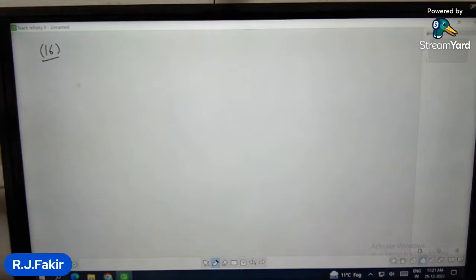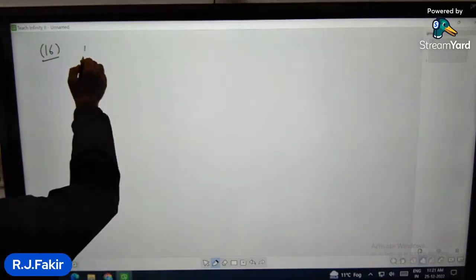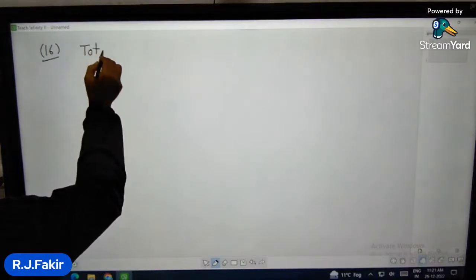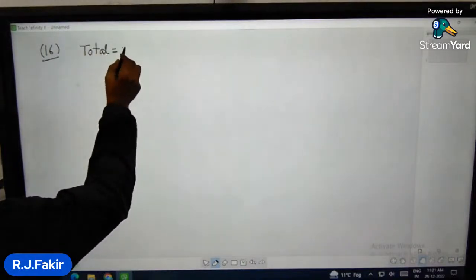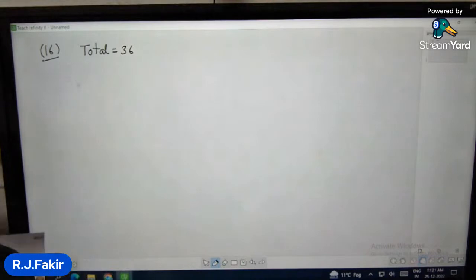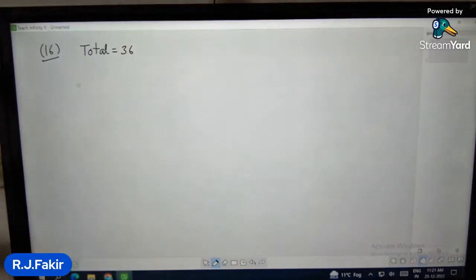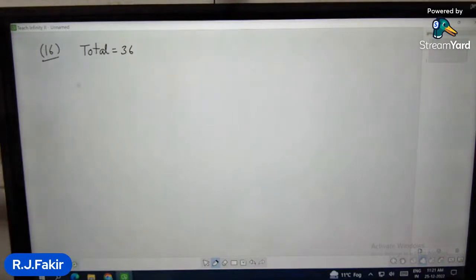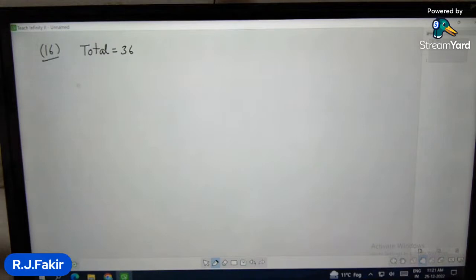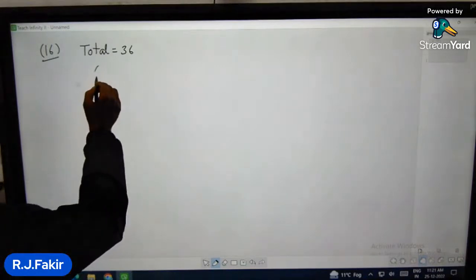Now, there we can find the total possibilities are 36 outcomes. Out of those combinations, how many will be having a product of 12? So they are 2, 6. We can count them.